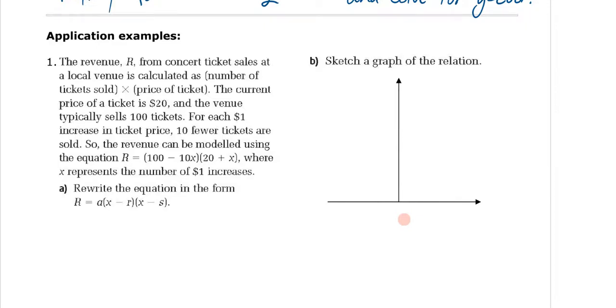For each $1 increase in the ticket price, 10 fewer tickets are sold. So the revenue can be modeled using the equation R for revenue equals 100 minus 10x times 20 plus x, where x represents the number of $1 increases. Okay, so rewrite the equation in the form R equals a times x minus r times x minus s.